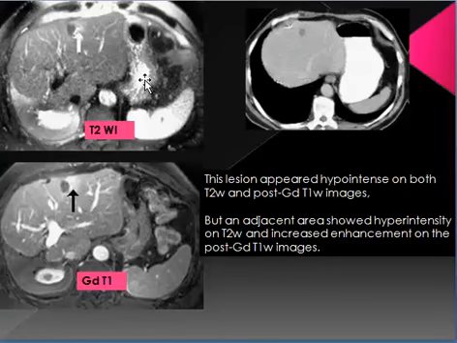Now this is T1 and this is T2. Definitely there is something enhancing, and the region appears as hypointense on both T2 and post-gadolinium. The region itself is hypointense, but there is a definite adjacent area of hyperintensity in T2 and increased enhancement in post-gadolinium.